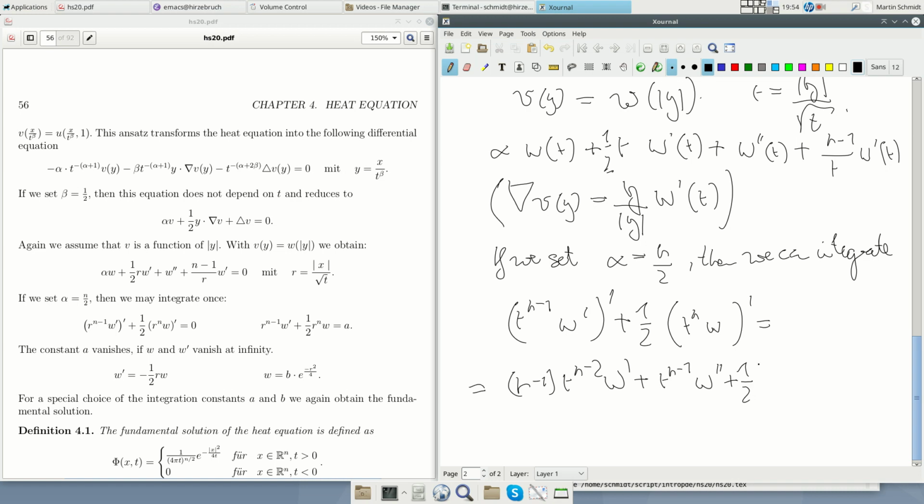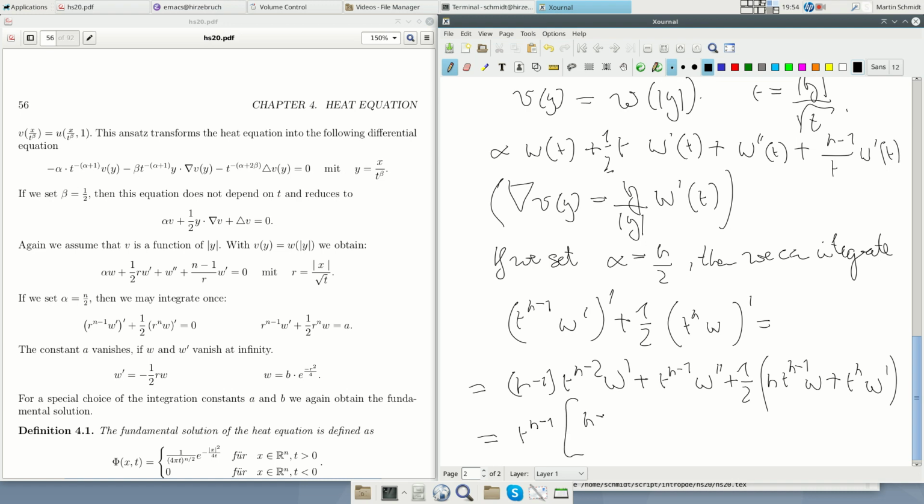plus 1/2, and what is here? This is n times r^(n-1) w plus r^n times w prime. Okay, now let's write this r to the power of n minus 1. So what we get?